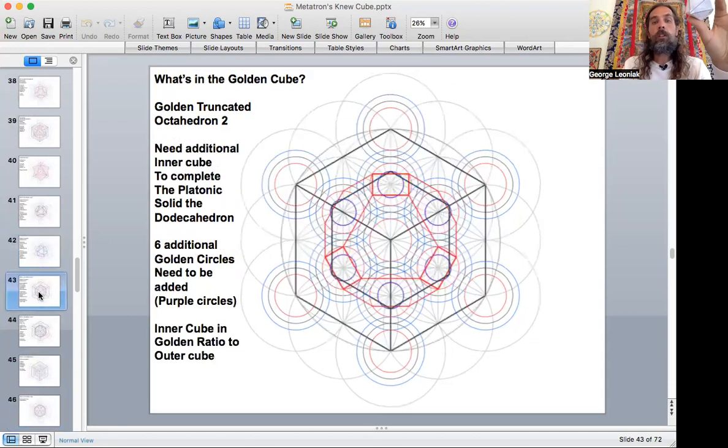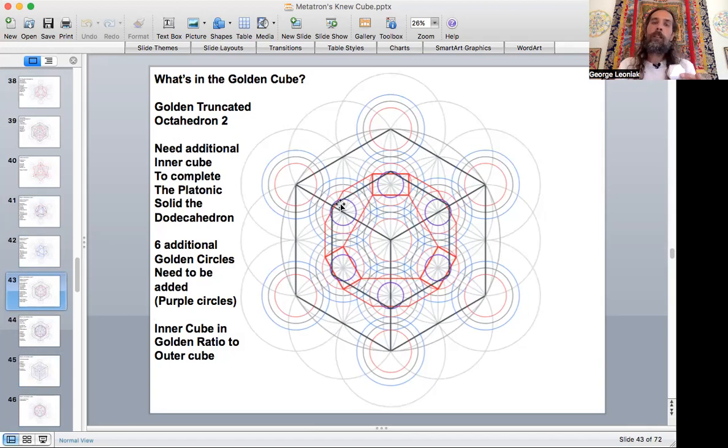So what we need to do in our drawing is add these little purple phi ratio circles. They're still in phi proportion going down, but that gives us a phi proportion cube, this big black one, inside the larger cube. So now we've got a small cube that's not the halfway cube that we call the 4D hypercube view, because that's the one that would be on the equilibrium black circles.